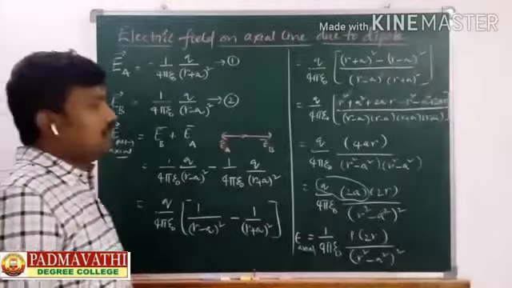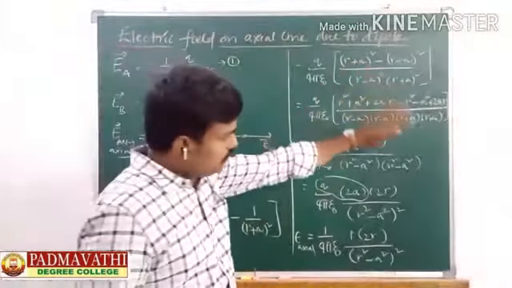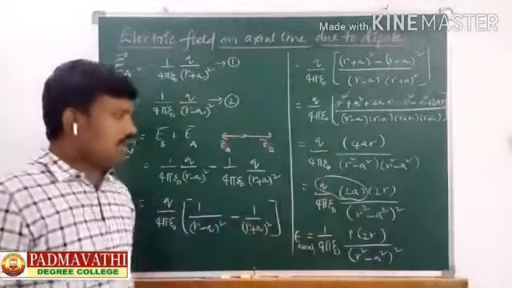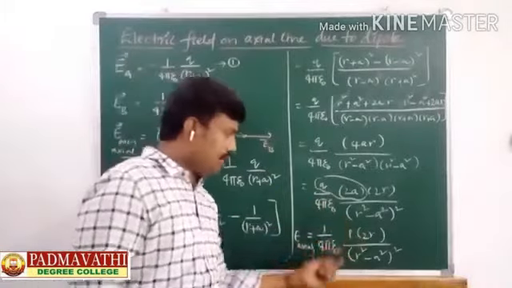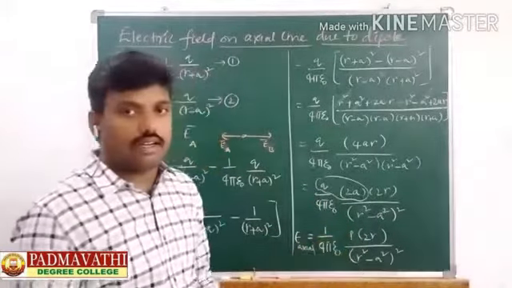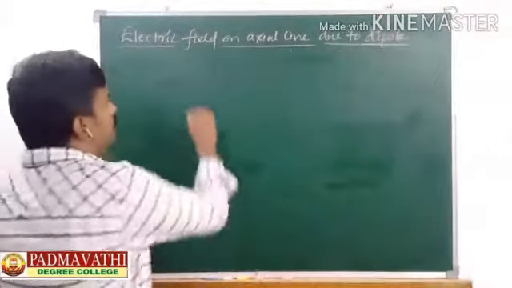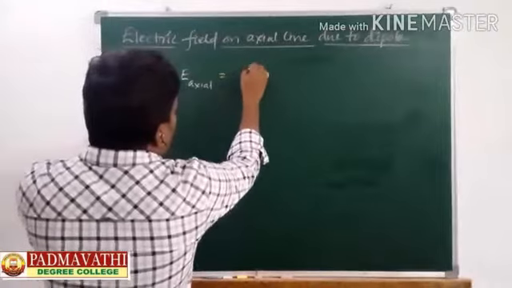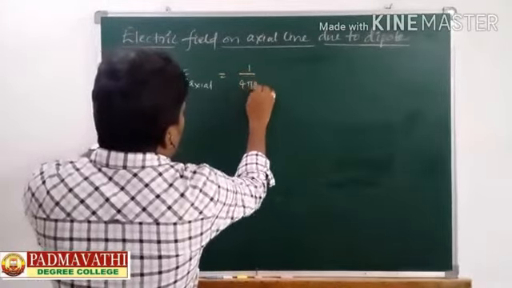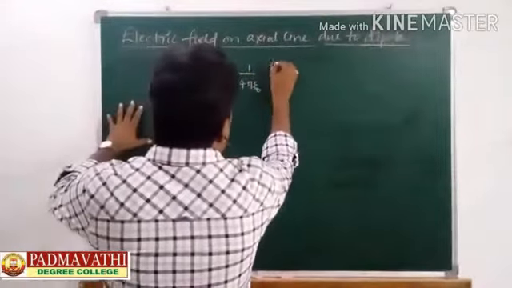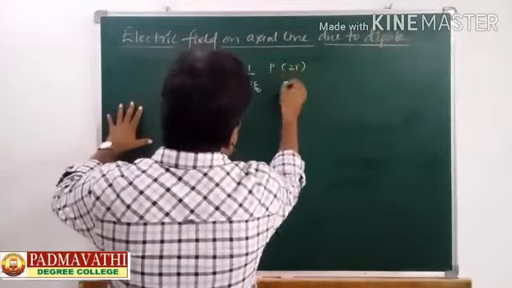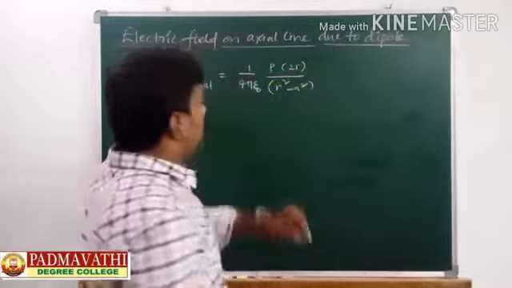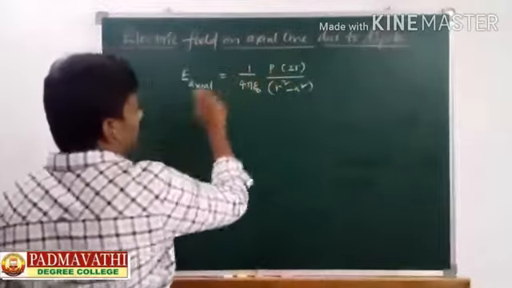Okay, so be careful with this particular derivation and cancellations. Rearrange them properly to get P, where P means the electric dipole moment. E axial equals 1 by 4 pi epsilon naught P into 2R divided by (R square minus A square) whole square, where P is nothing but the electric dipole moment.